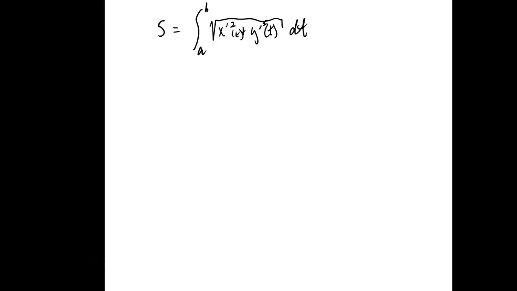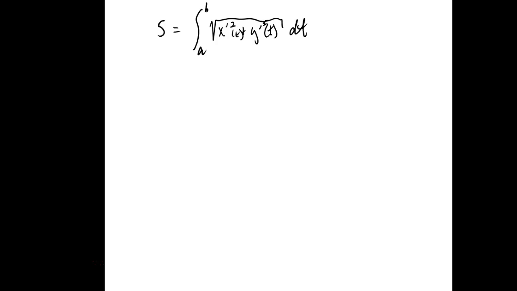For a particle traveling the trajectory x of t, y of t, what is the interpretation of that square root itself? The speed, you're absolutely right. That is the speed. The speed at time t. That is what that means.